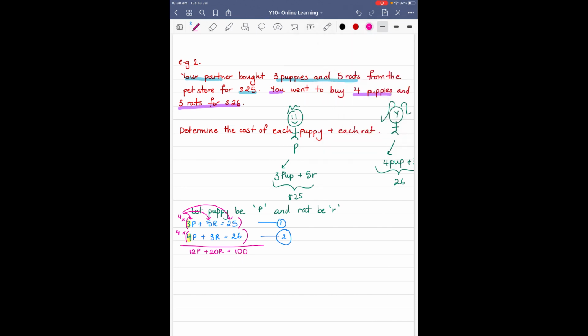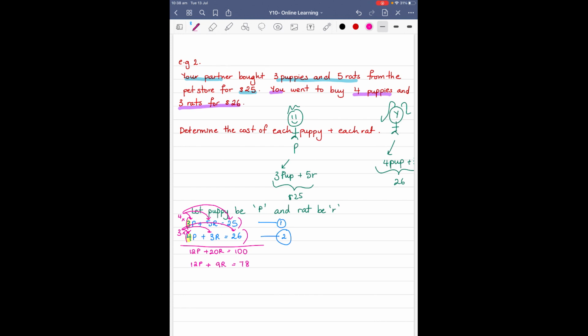Next one, then we have 4 times 4 is 16p. Oops, sorry, not 4, I made a mistake. That should be a 3, because you want them to be the same. So 3 times 4p is 12p. 3 times 3 is 9r. 3 times 26 is 78.